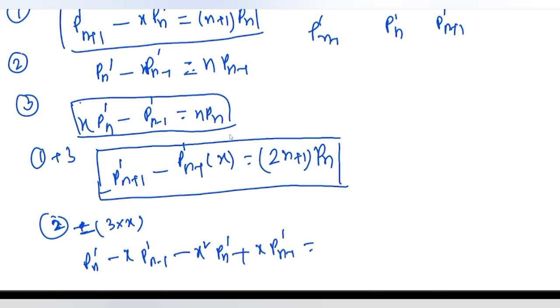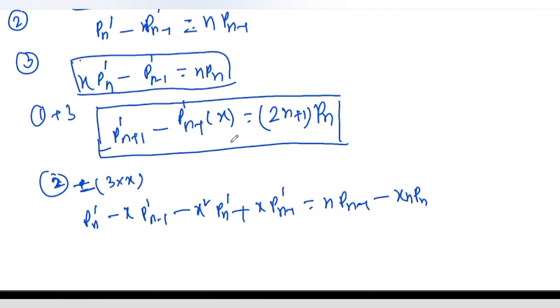Now we can write it as n of p n minus 1 minus n x p n.